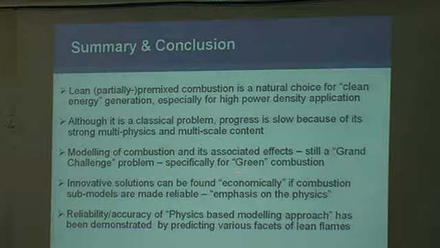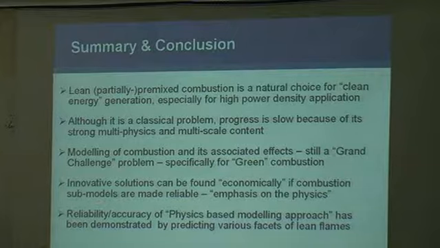So innovative solutions can be found economically. What I mean is running simpler simulations using K-epsilon or a RANS approach rather than DNS or LES for a practical geometry. Okay? So economical solutions can be found quickly if submodels are made more reliable by putting a lot of emphasis on the physics.